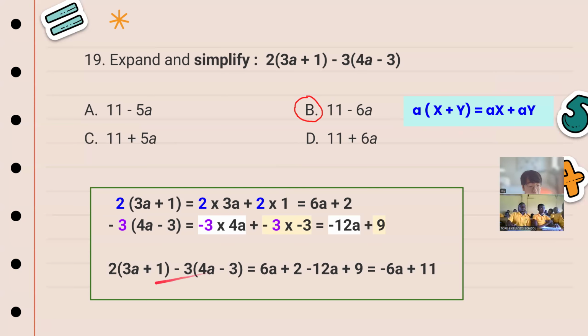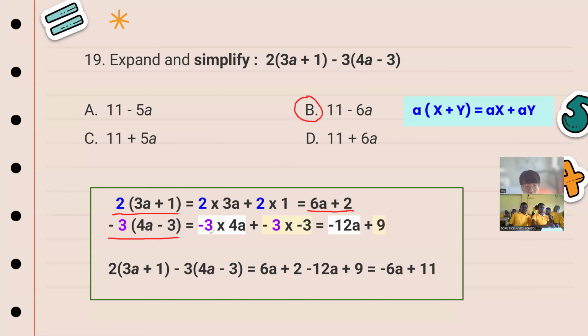I think you have learned this before. So 2 times 3a plus 1 is 2 times 3a plus 2 times 1, which is 6a plus 2. Then we have the next term, negative 3 times 4a minus 3.